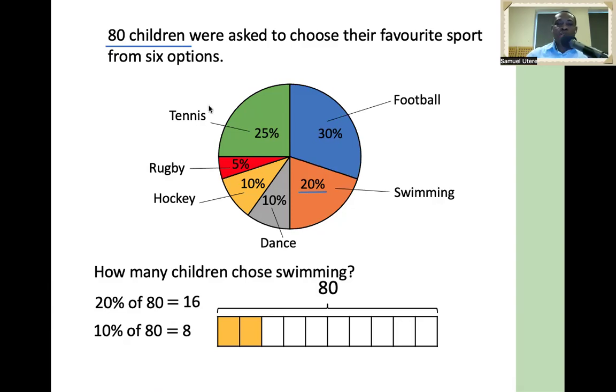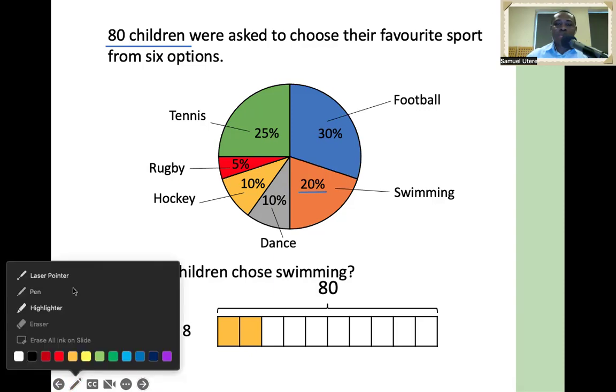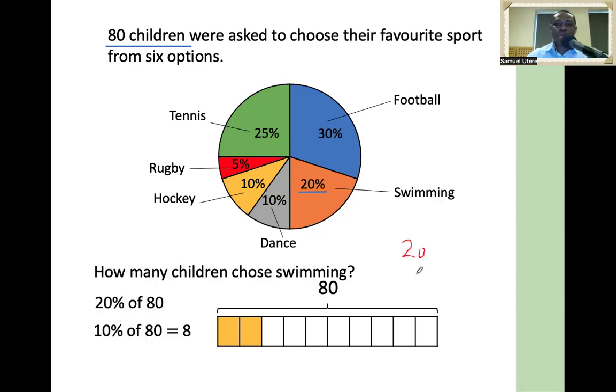Another way to do this for some people is we know percent represents 100. So it's to do 20 out of 100 times 80. Okay? So this is another way of representing this information. All right.